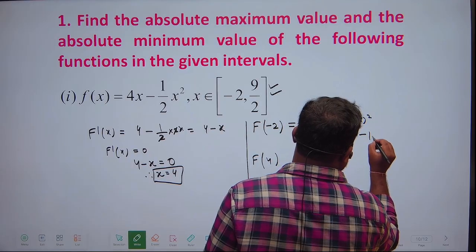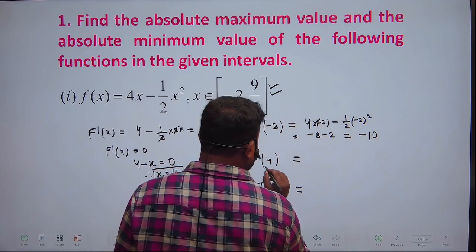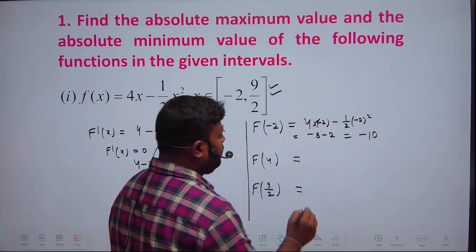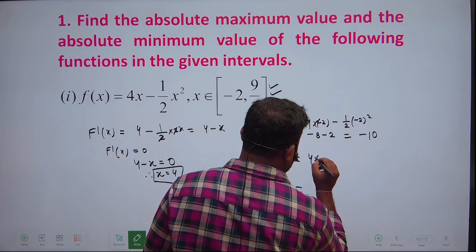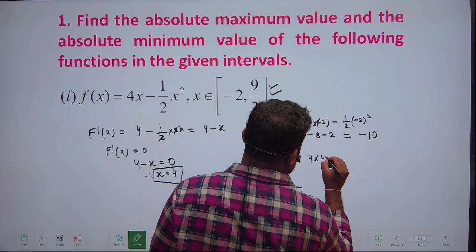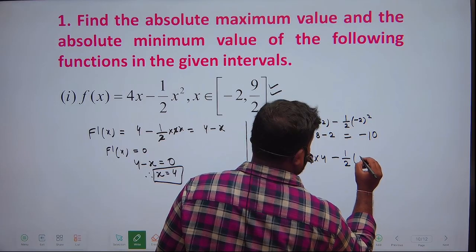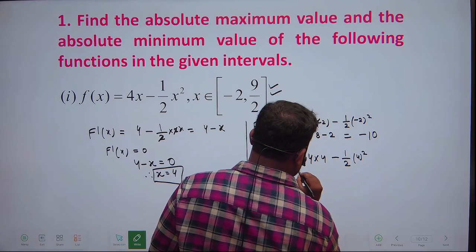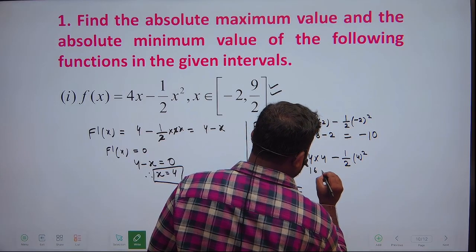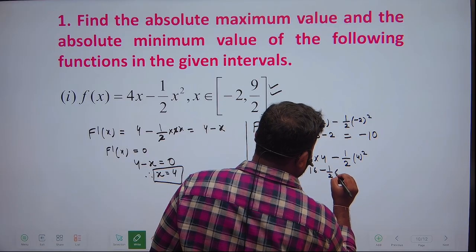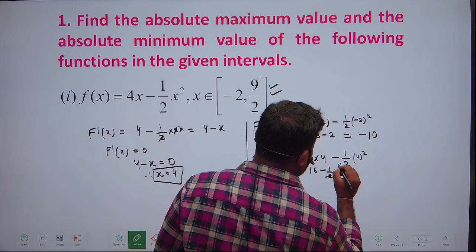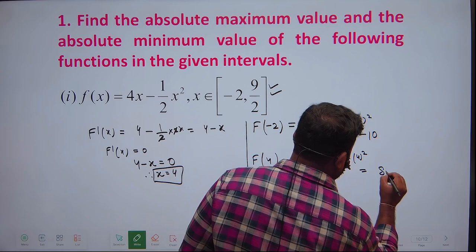That is, we get minus 10. When we put the value x equals 4, how much do we get? 4 times 4 minus 1 over 2 times 4 squared. This is 16 minus 1 over 2 times 16, it becomes 8. 16 minus 8, that is 8.